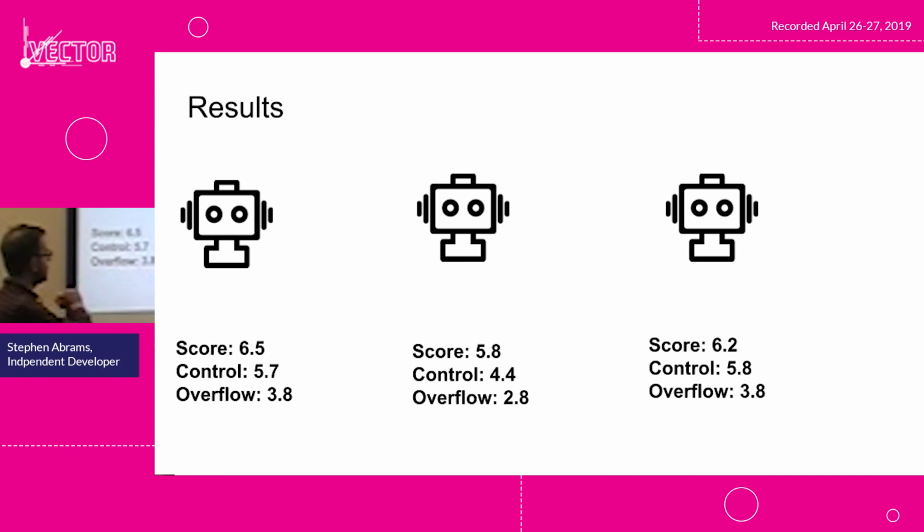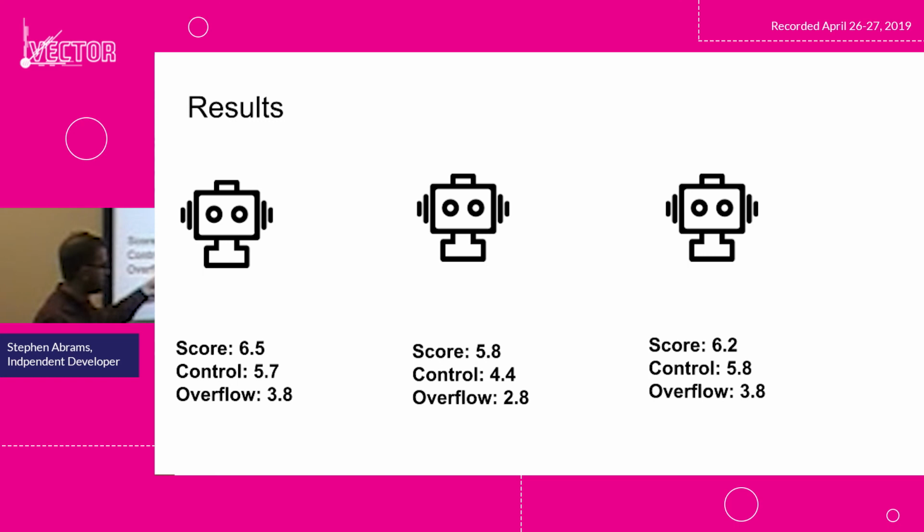So there's some commonality here. Score is very important in every sense, and that's what you would expect, right? Again, I think there's some overlap between control and overflow. So probably if I were to do this again, I would stick to just the overflow or just the control. And these were the weights that it came up with. I believe the first one is the one that you saw me get demolished by in the beginning, but the others performed pretty similarly.